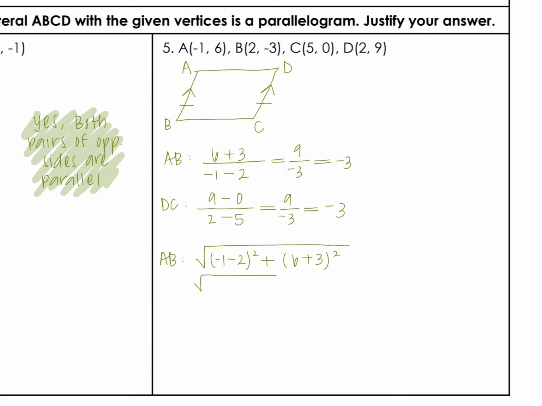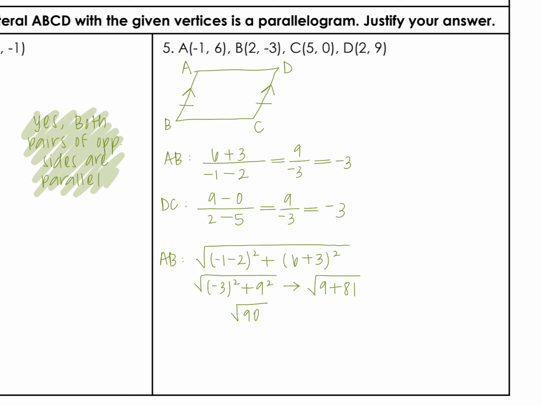Okay, so negative 1 minus 2 gives me negative 3 squared plus then 6 plus 3 gives me 9 squared. Okay, so negative 3 squared gives me 9 plus that 9 squared gives me 81. And so I'm going to have the square root of 90.